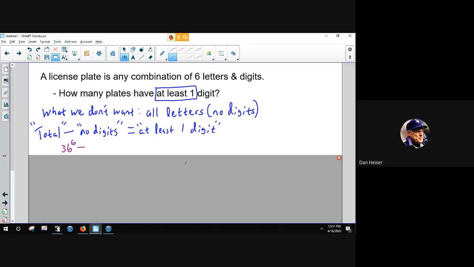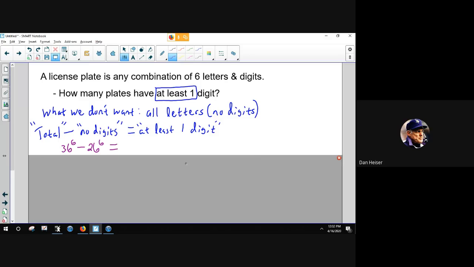Minus all the license plates that have no digits. In other words, they're all letters. So if I only use letters, I have 26 letters, 26 letters, 26 letters, and so on, 26 letters 6 times.